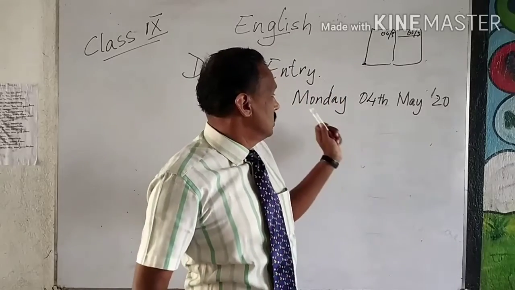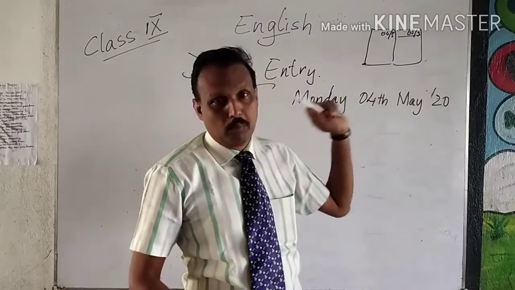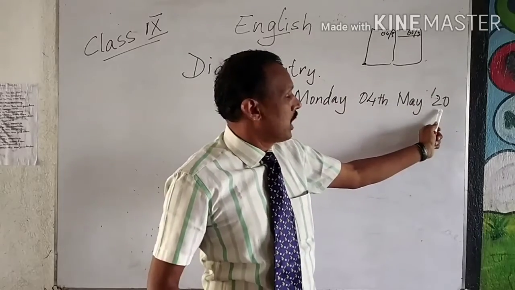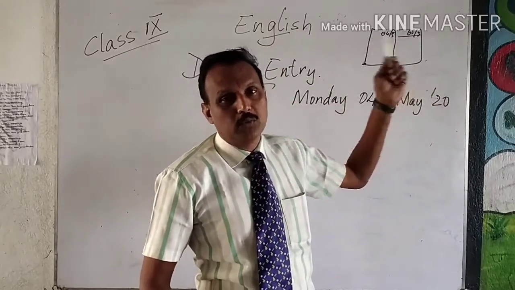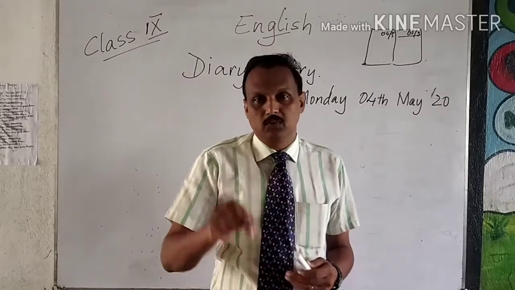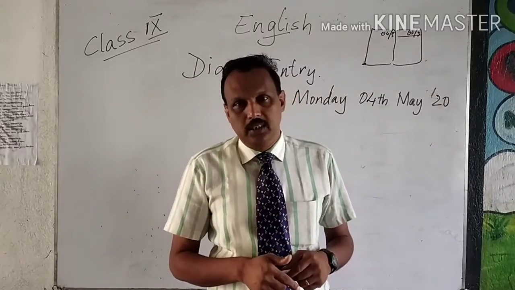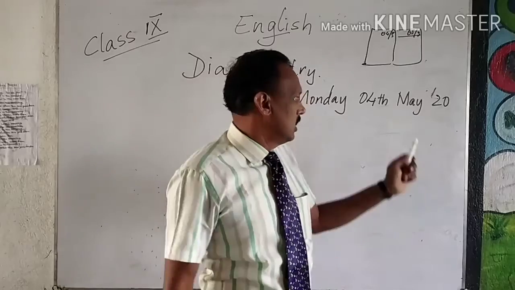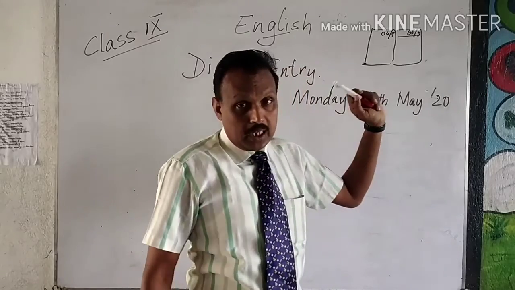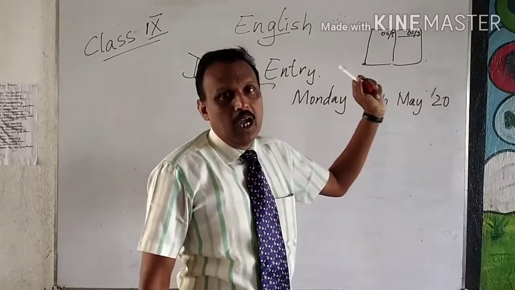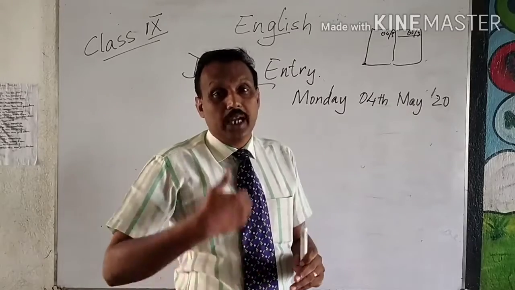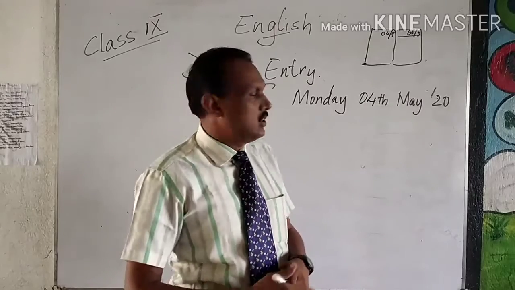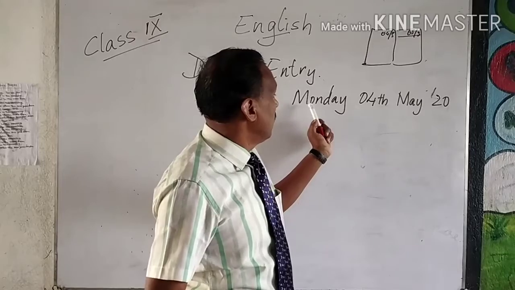But this is an examination, so we usually write Monday, 4th May, and sometimes we don't write the year, because once you write it, till the next year we leave it like that. Our aim is to get more marks by writing less and making fewer mistakes.